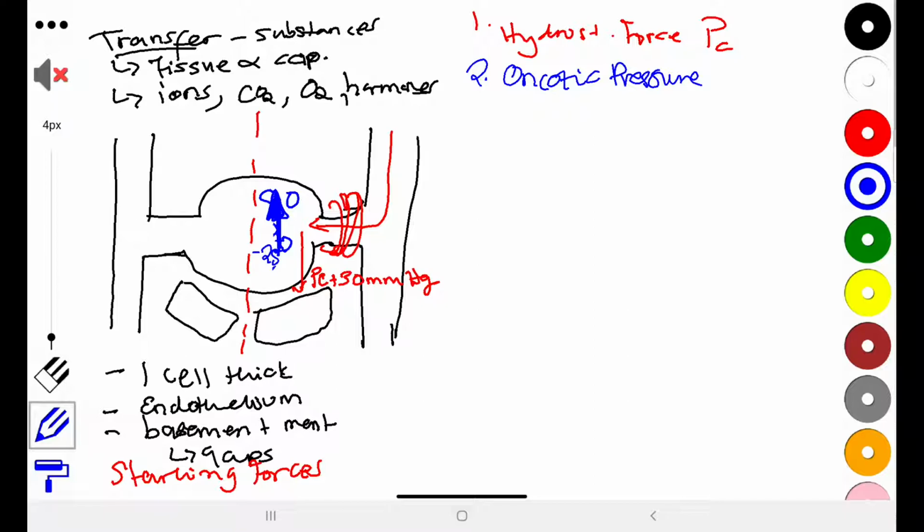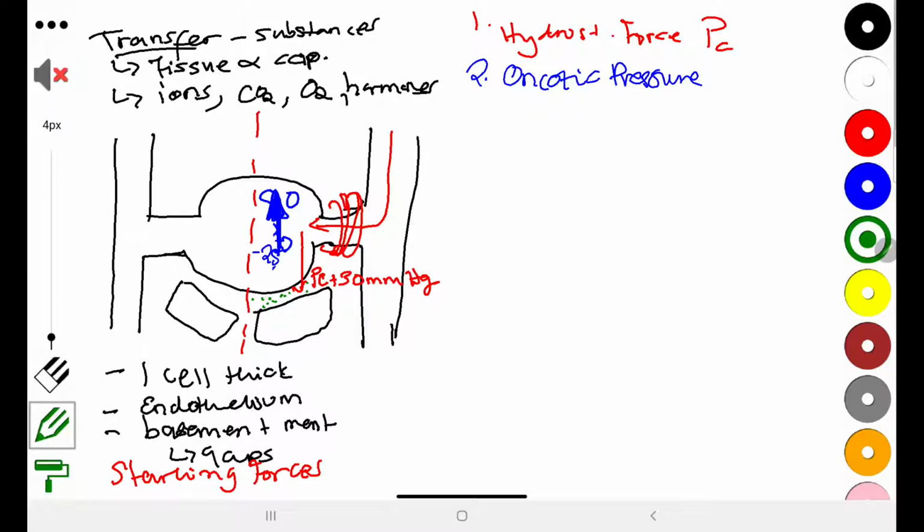The last two I'm going to talk about are very minute, but they sort of happen, so we want to recognize them. Within the interstitium, we have ions that are there and other solutes. So these solutes or ions also have an osmotic pull, and the osmotic pull, of course, is to them.